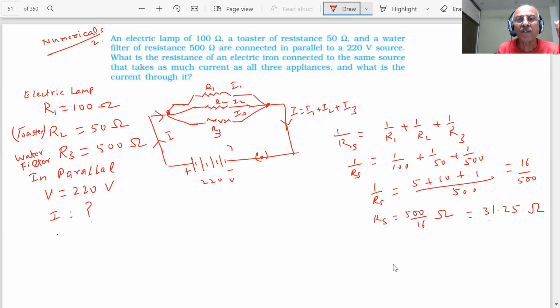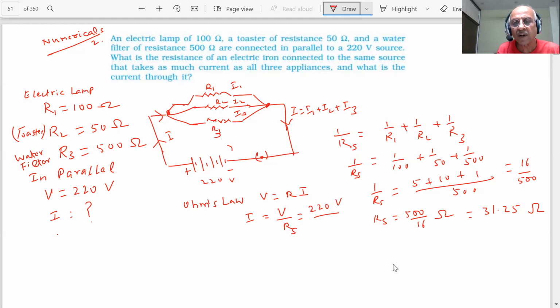What is the resistance of an electric iron connected to the same source that takes as much current as all the three appliances? Now, what is the current in the three appliances? What is Ohm's law formula, student? V is equal to R into I always. So what is the total current, student? I is V by RS. What is the value of V? 220 volt.